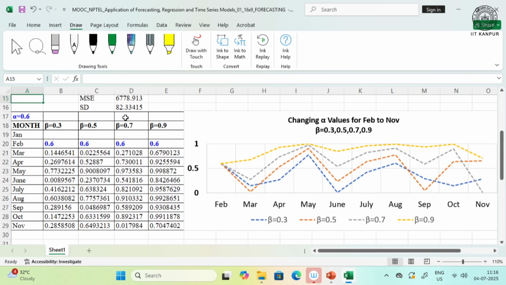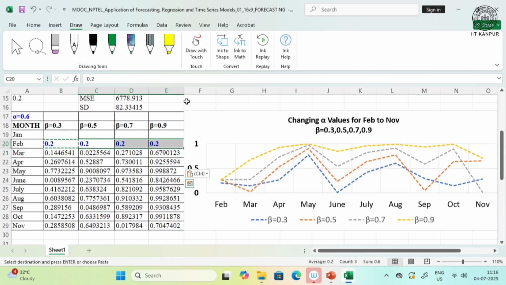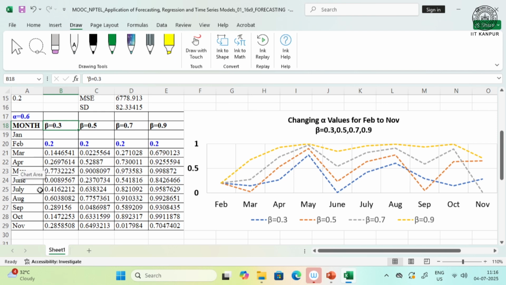So, I consider the values of alpha, say for example 0.2, and for different values of beta starting from 0.3 to 0.5, 0.5 to 0.7, 0.7 to 0.9, I find out the different values of the change of alpha. Starting value is 0.2 for all the 4 cases, but as they keep changing we have to find it out starting from the month of March to November.